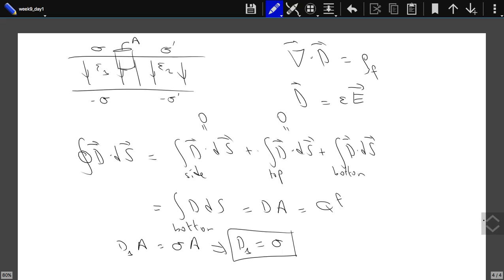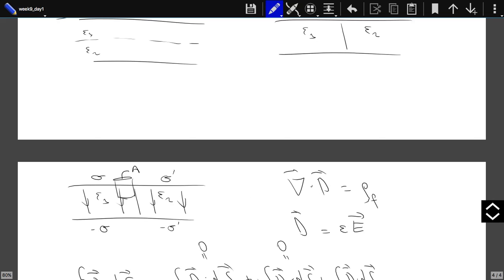Well, I can do the same thing. I can just move this cylinder to the other dielectric. Everything will be the same except that now I have sigma prime.